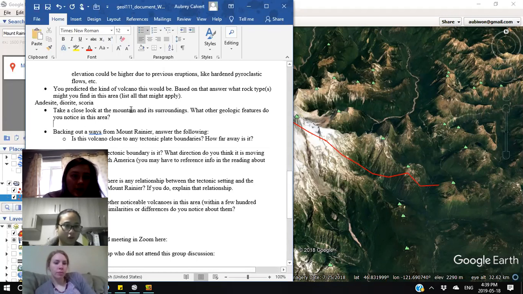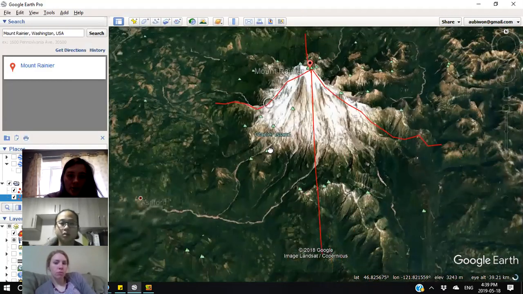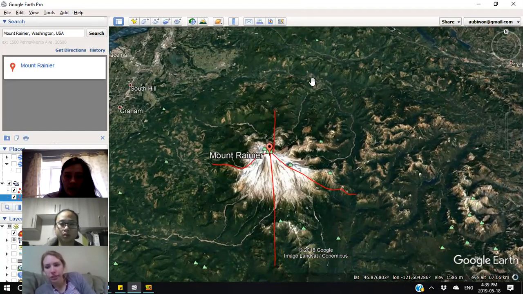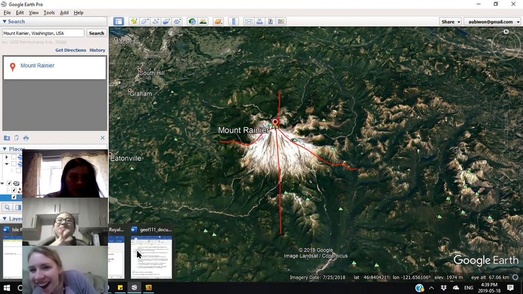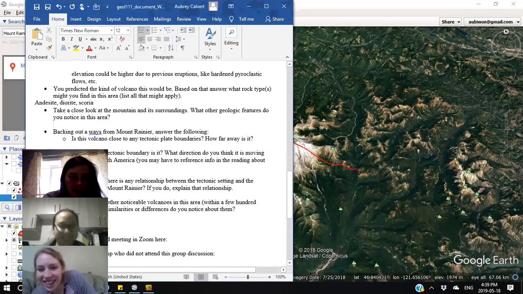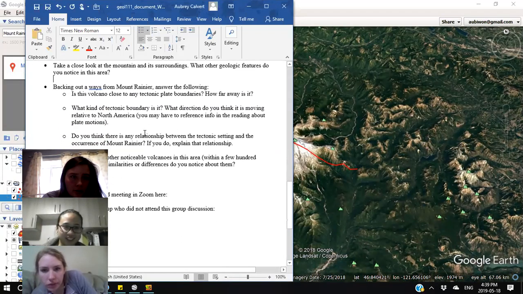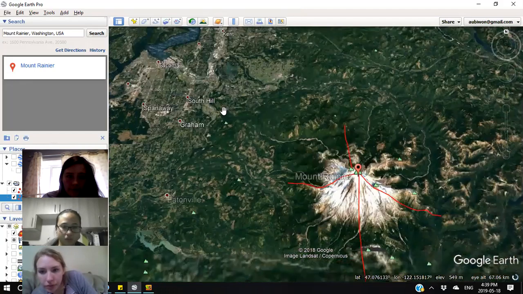Okay, take a close look at the mountain and its surroundings. What other geological features do you find there? This is Mount Rainier, sorry. It's close to the ocean.